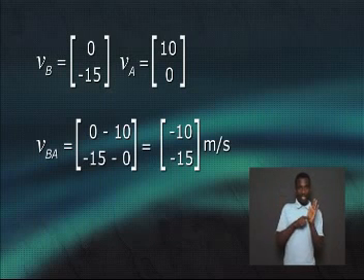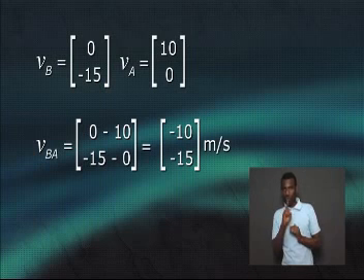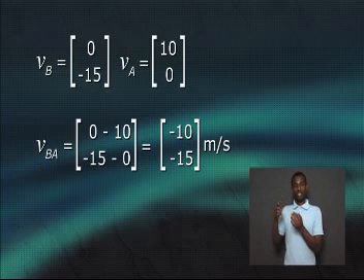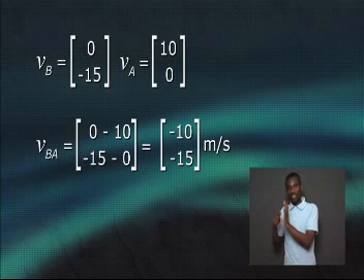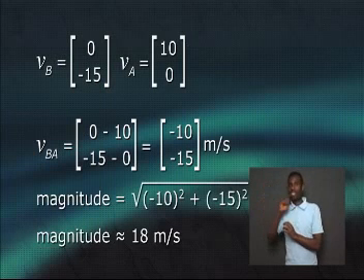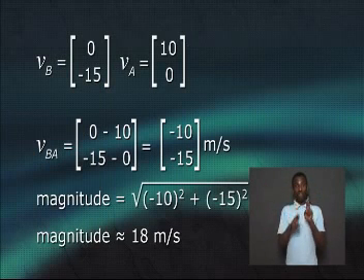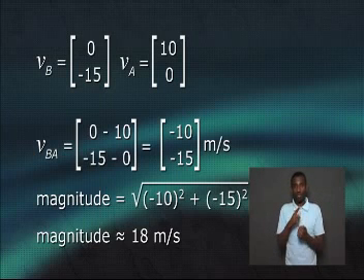Therefore, relative velocity is -10, -15 meters per second. The magnitude of the relative velocity is found to be 18 meters per second.